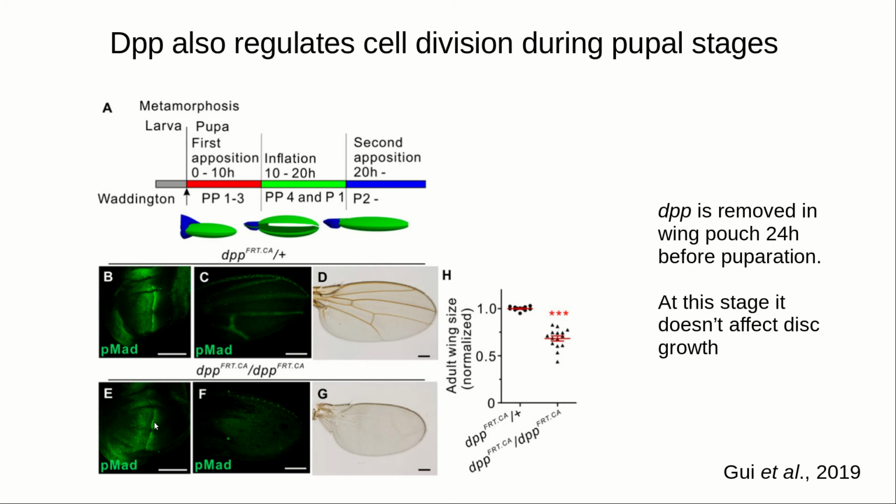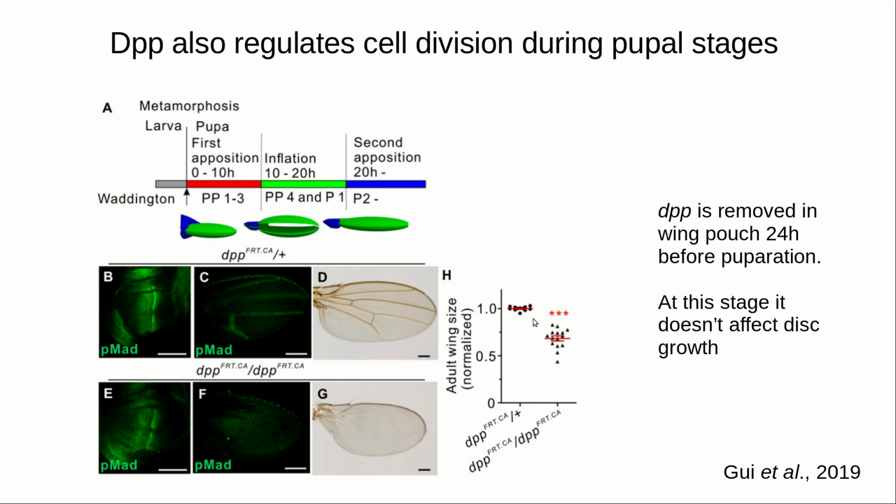Therefore, they are not affecting the growth of the disc, and they are not affecting final size of the disc or cell division in the disc. They are specifically affecting DPP expression in the pupal wing.